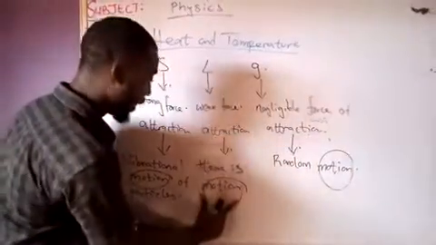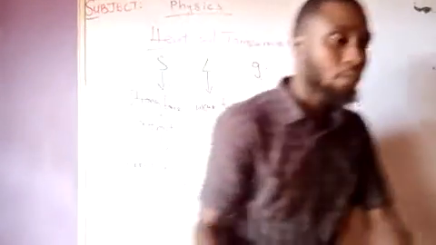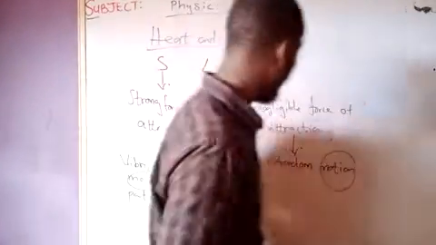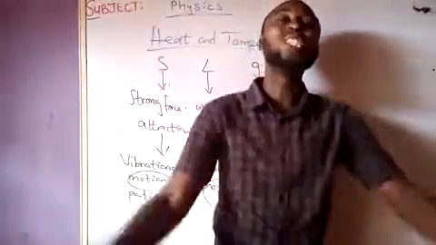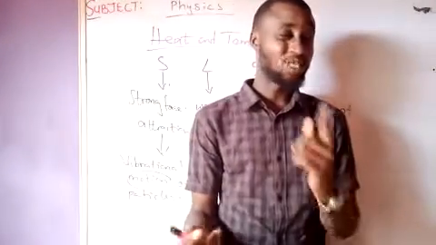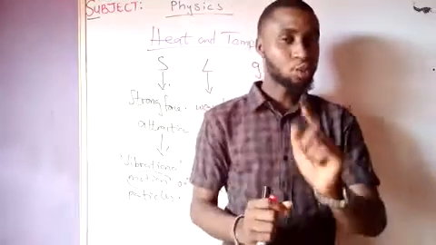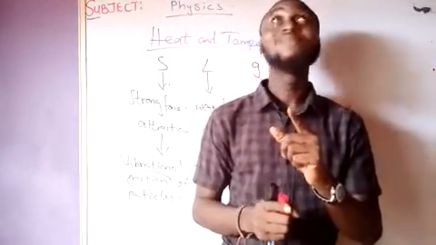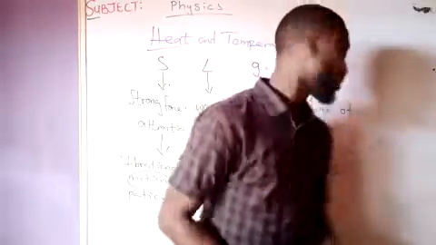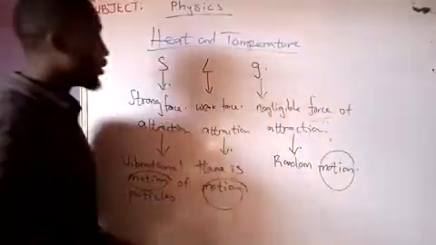Number two, liquid, they can flow. Three, gas, they exhibit random motion. Students, discover what is random motion. I will get my answer in the next class.